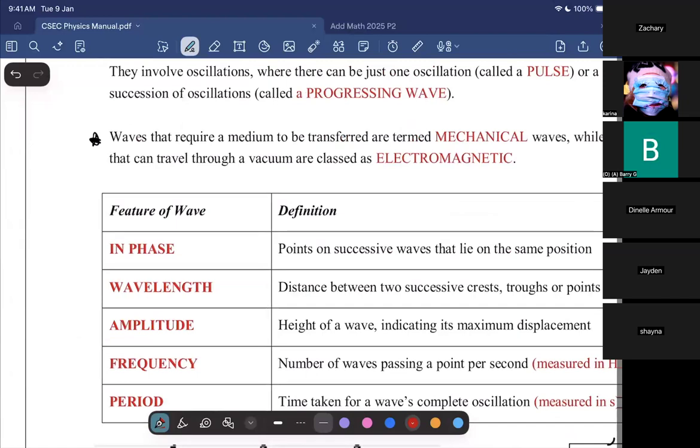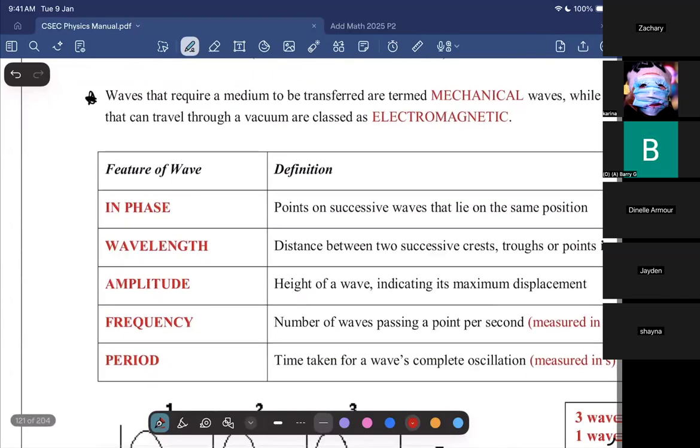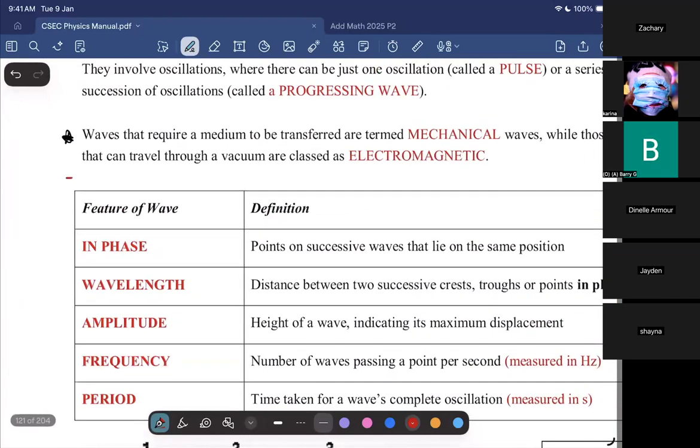Let me give you all a good definition that I personally vouch for. A wave is a means of transferring energy.